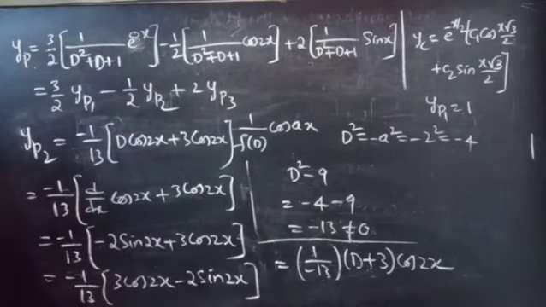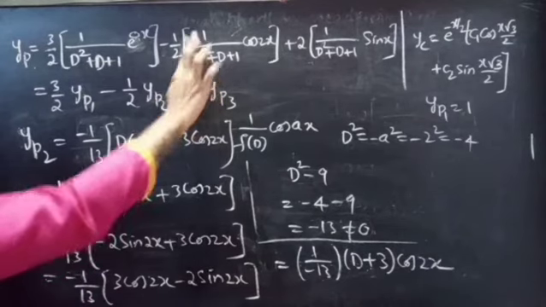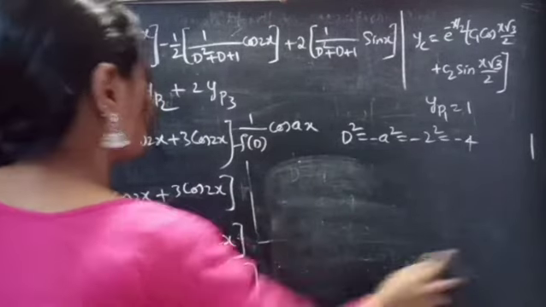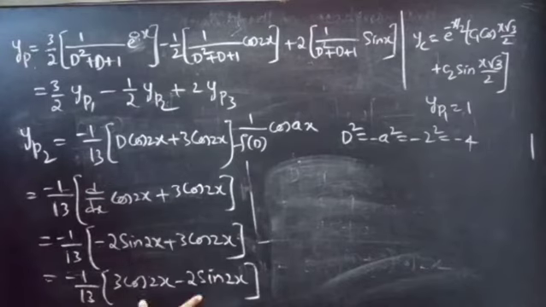Or you can just multiply these two terms with this minus, and again you might need to change yp2 after replacing the result obtained from yp2 in yp.